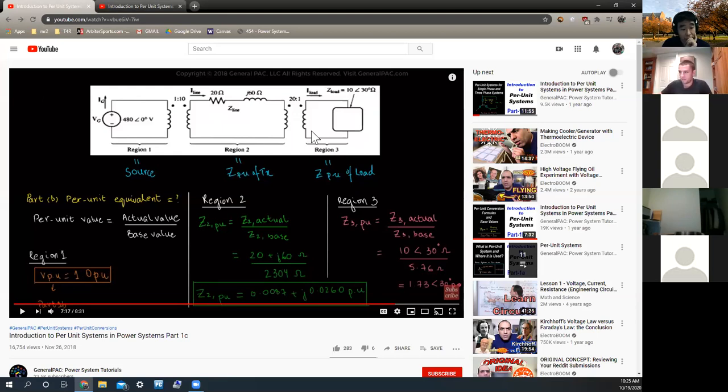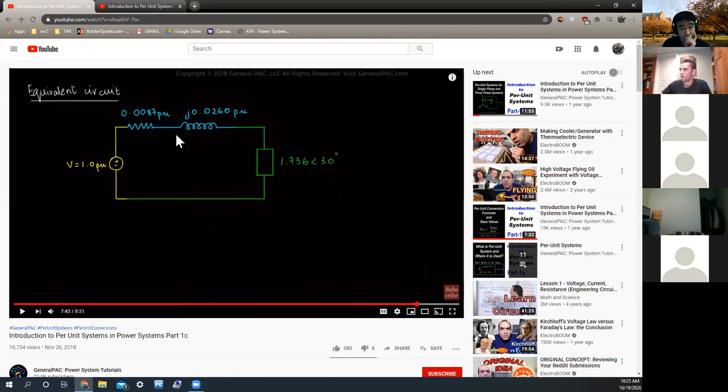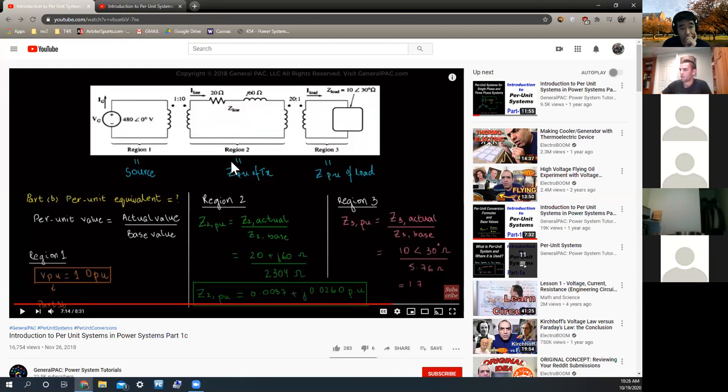Before this, they had shown how to calculate the different voltages in each region. And then this was their equivalent per unit circuit. If you go back to the circuit, did they give values for the transformer reactances, or did they just state this?